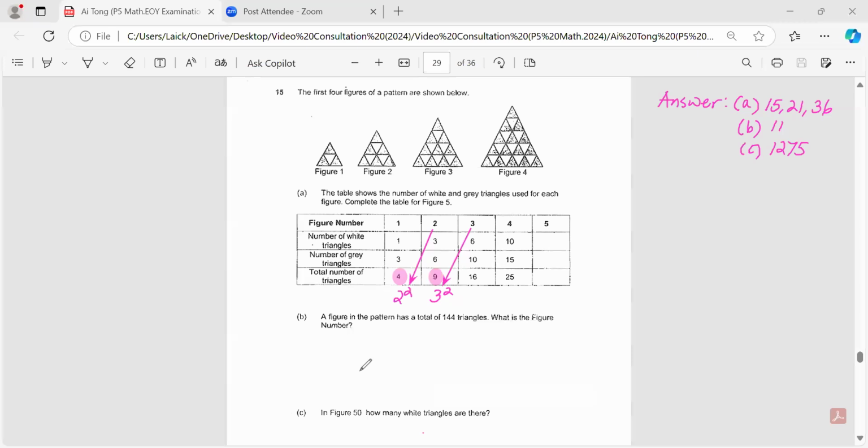So when we have total number of squares 144, we know that it is 12 squared. So what it means is that, say we have a column here.